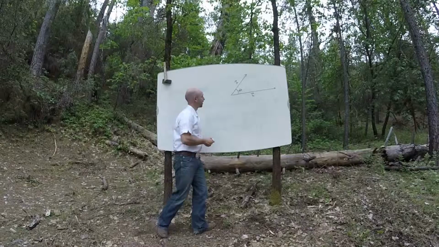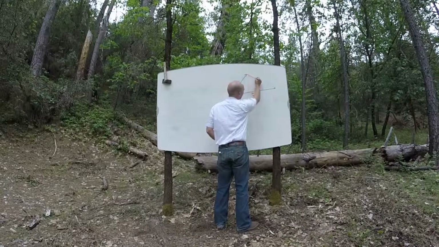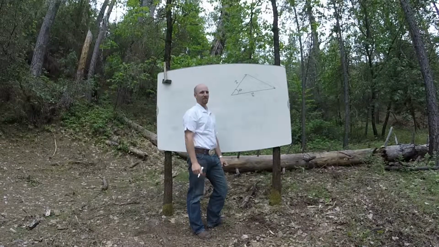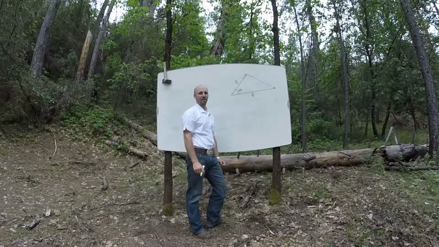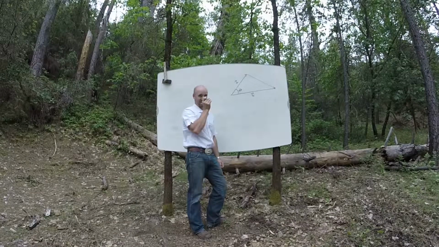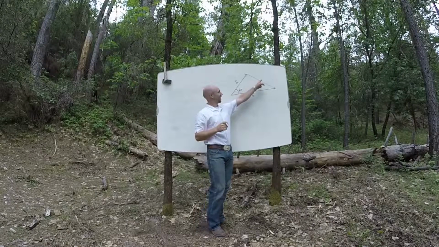Okay, let's make a triangle. So what's that vector there? So this is a vector, right?